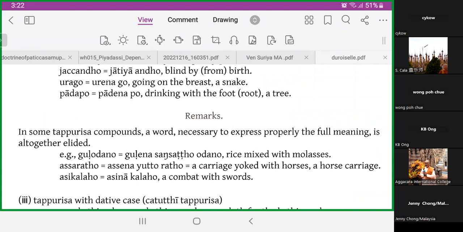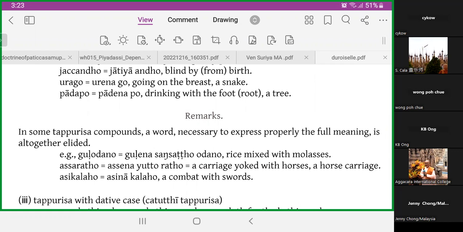For example, gulena samsattho odano: rice mixed with molasses. Asena yutto ratho: a carriage yoked with horses, a horse carriage. Asina kalaho: a combat by swords.